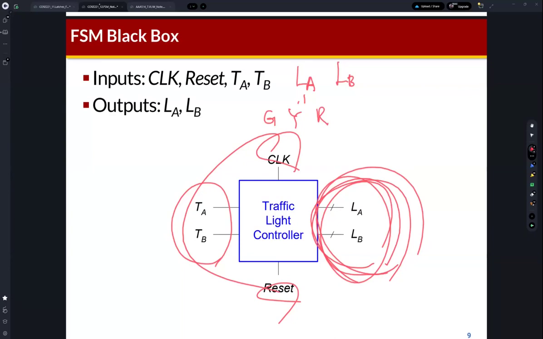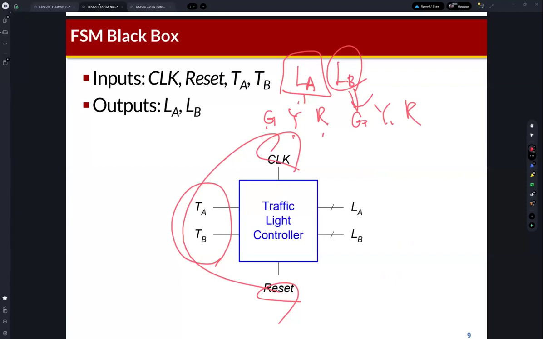So LA can be green, yellow, or red, and LB can also be green, yellow, or red. But these are traffic lights, so green and green is not allowed. If LA and LB generate green and green, the signal is unsafe. So we can define output combinations.